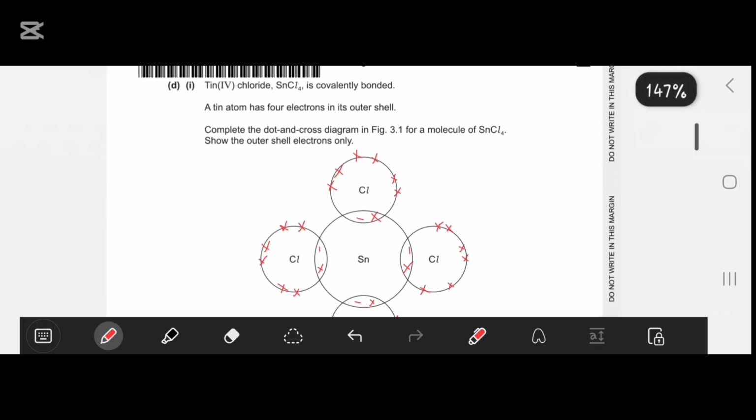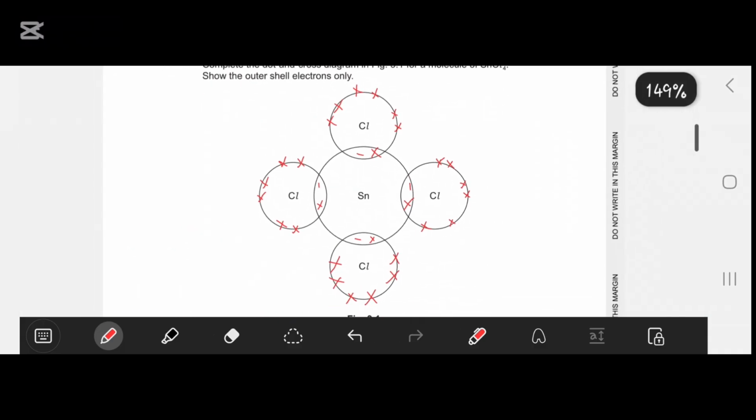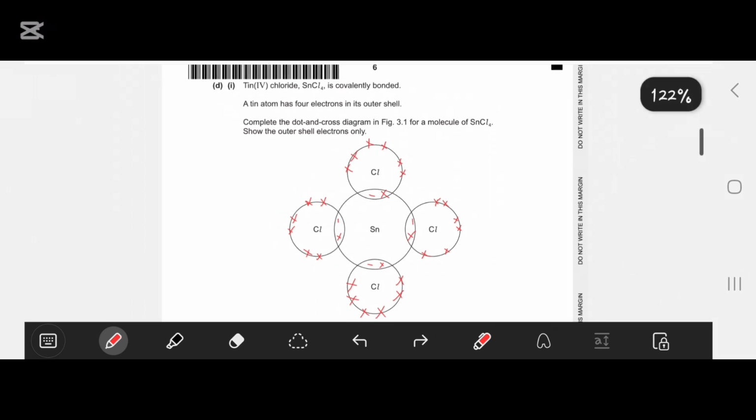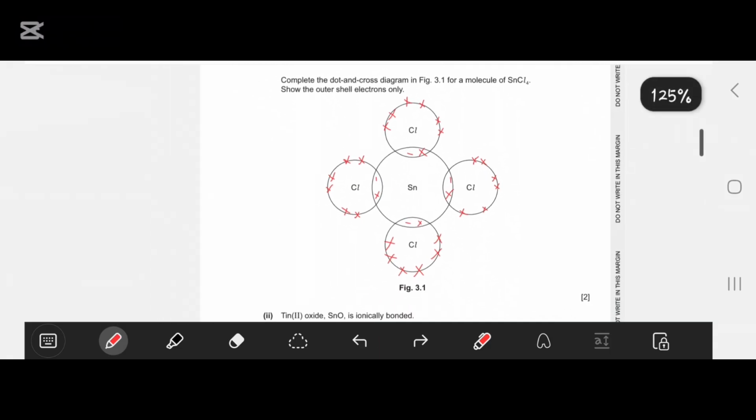Anyways, here we find that chlorine has 7 electrons of its own, as we see from the crosses belonging to chlorine, and the dots belonging to tin. Tin is in group 4, and tin has 4 electrons in its outer shell.